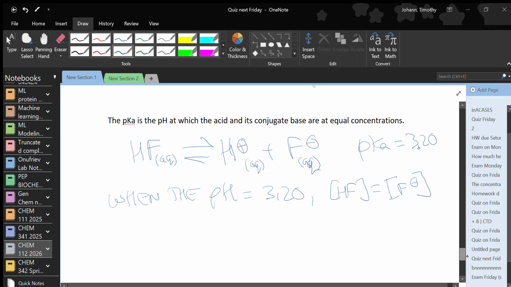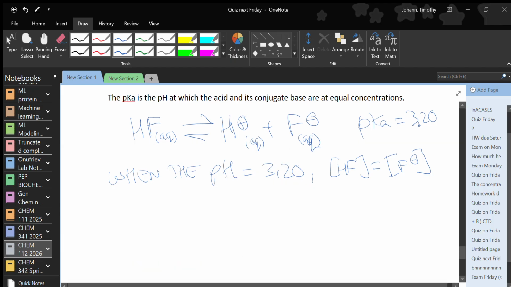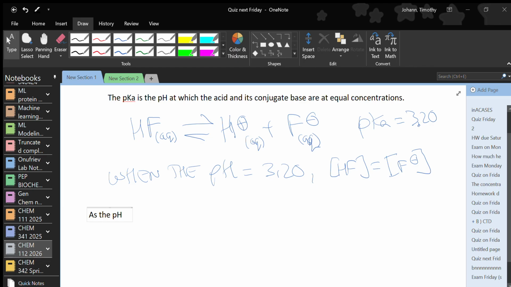So let's talk about one other thing. We have this thing called Le Chatelier's principle. So this is at 3.2 at equilibrium, and these are equal. This Le Chatelier's principle thing is so useful for looking at things and deciding things really quick. But before I use it up here, I need to remind you of something that you may not have quite gotten yet, and it is confusing. As the pH gets lower, what happens to the H plus concentration?